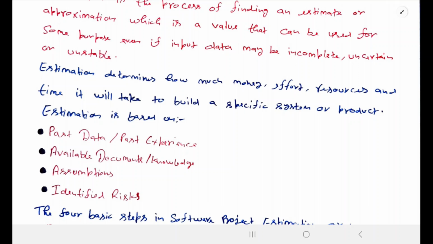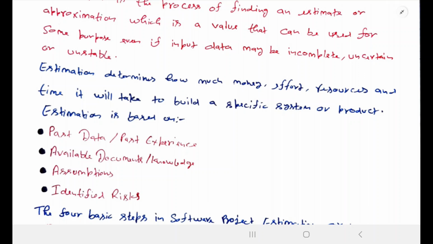This estimation is based on past data or past experience. If any team, agency, or company has experience preparing a similar kind of product, then we can take help from the past experience of that particular company.